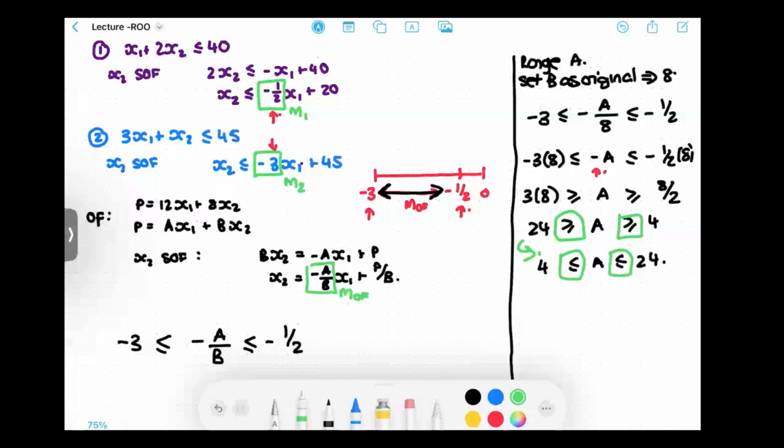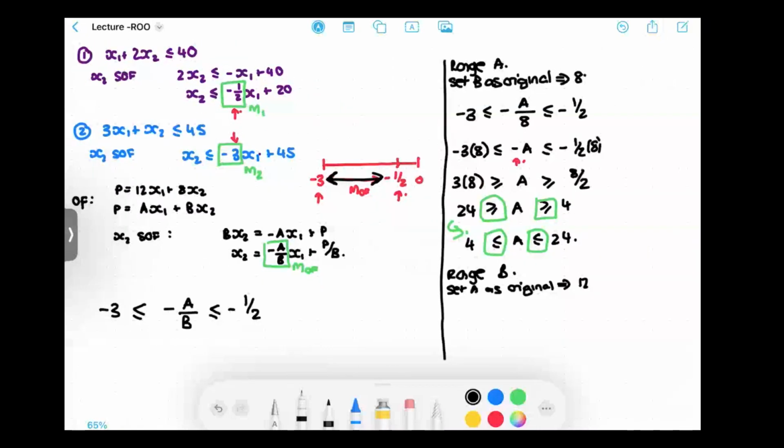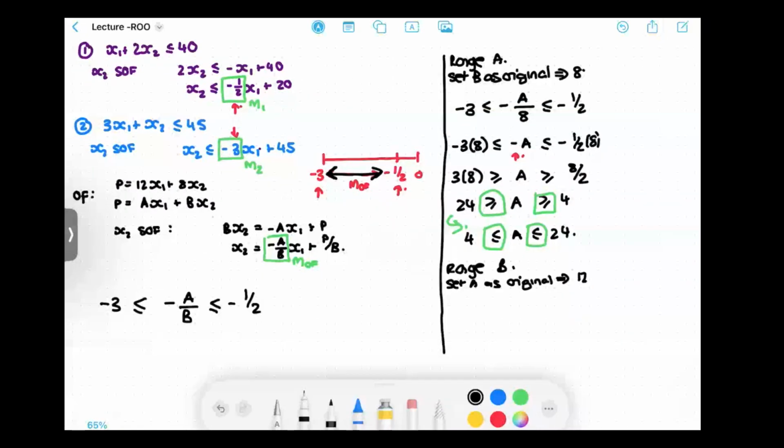So to work out the range of B, we set A as the original, which means it is 12. So let's just do that so we can fit it in. We're going to have that minus 3. We're going to have 12 upon B less than equal to minus a half.